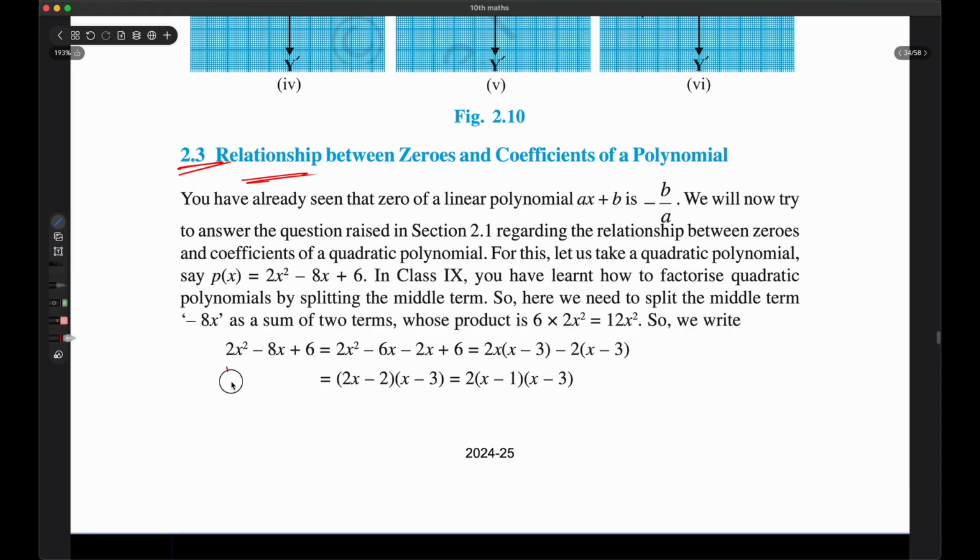They have taken the example 2x square minus 8x plus 6. They have taken 2 in common, x square minus 4x plus 3.